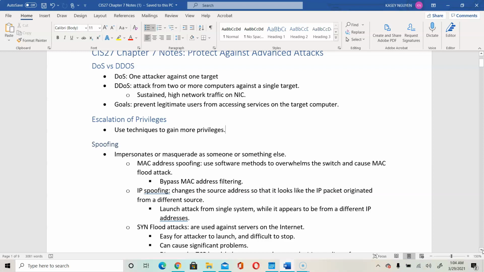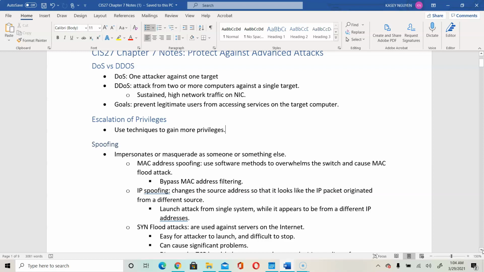MAC address spoofing is the use of software methods that overwhelm the switch to cause a MAC address flood. And this is a way that they can bypass the MAC address filter on the network. Those types of filters can be implemented in firewalls, in prevention systems, or even routers.